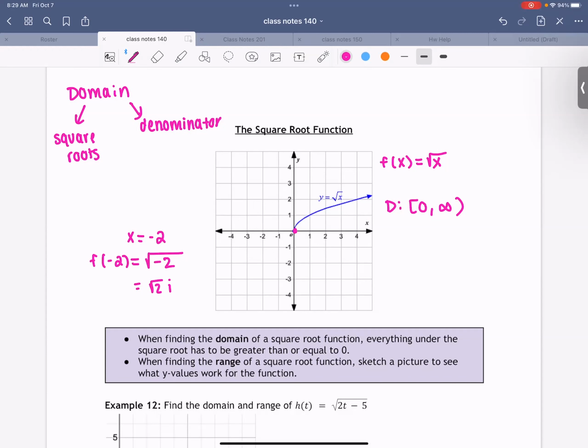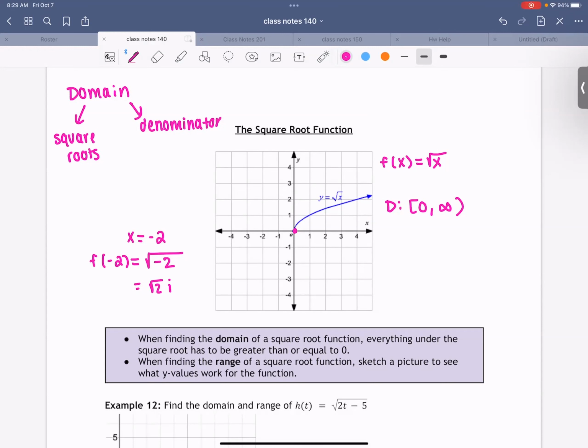There's a whole new coordinate system to graph imaginary numbers that we don't want to work with right now. For this coordinate system, the function doesn't exist whenever we have something negative in the square root.